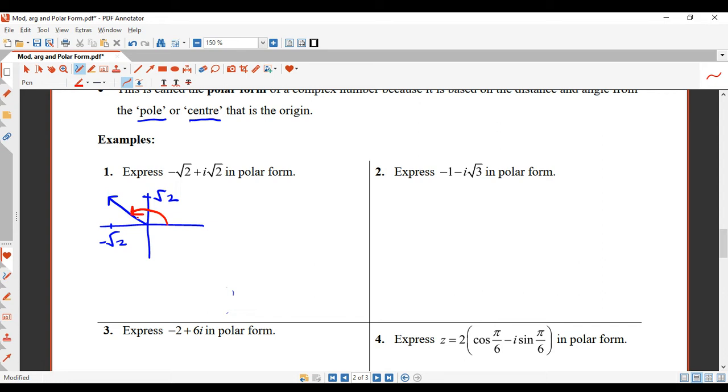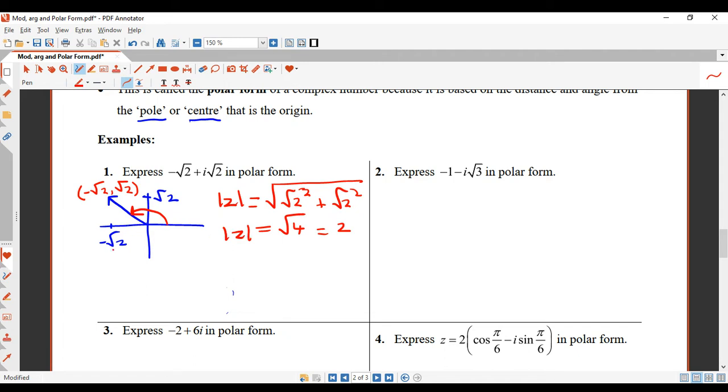There's my argument. Obviously that's got coordinates minus root 2, root 2. I'm not going to worry about the negative sign there for the modulus. It's going to be the square root of root 2 squared plus root 2 squared. Root 2 squared is 2, so it's just going to be root 4, which equals 2. So the modulus is 2.